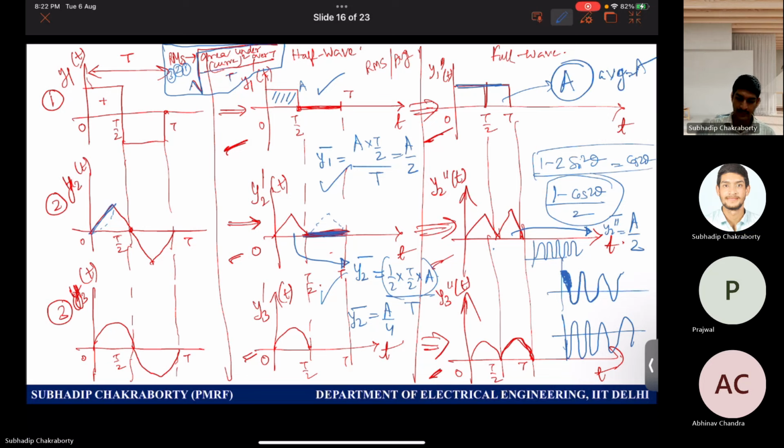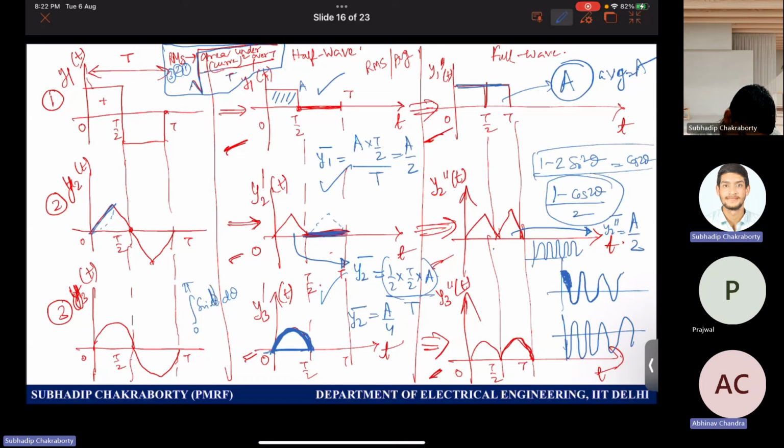And one more thing: how to calculate the area under the curve for one lobe of sine? Can anyone tell me? Sir, by integration we can calculate the area under the curve. So what is that? 0 to pi, sine theta d theta.